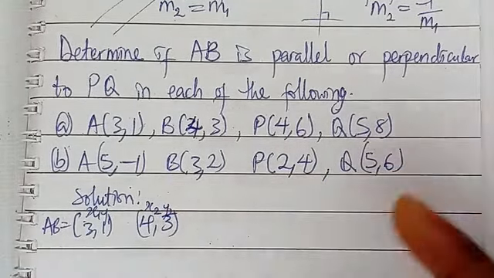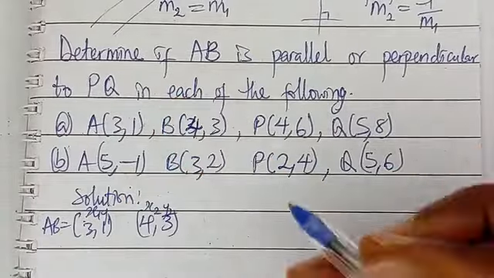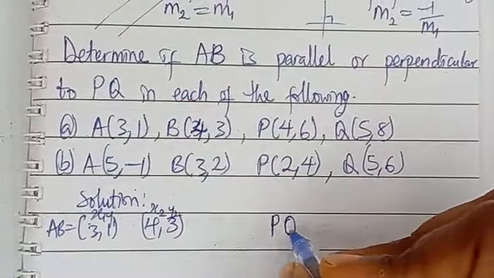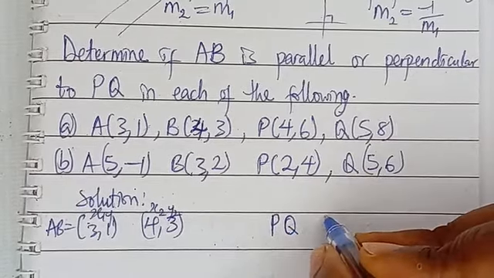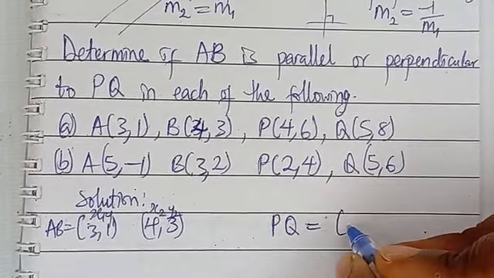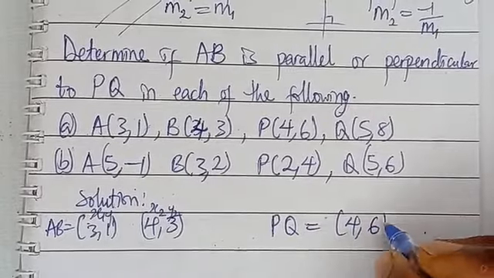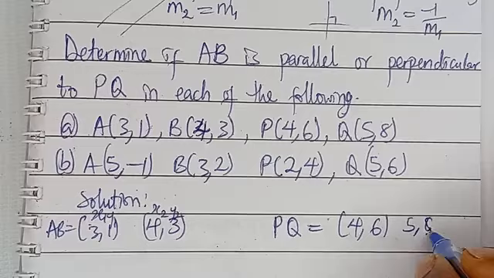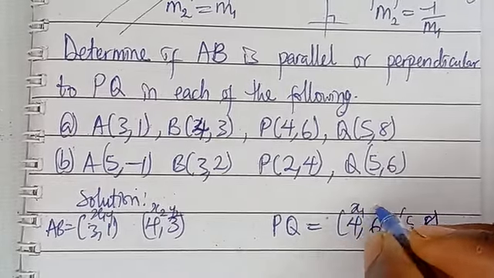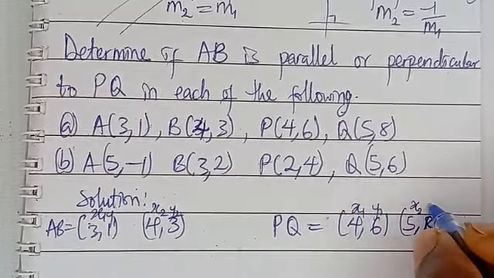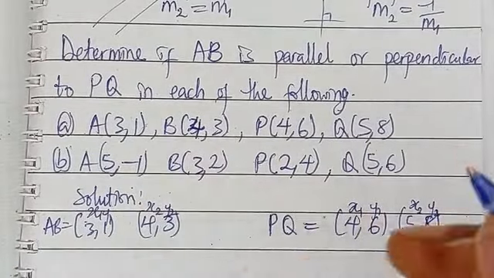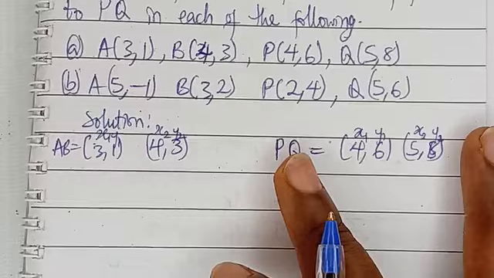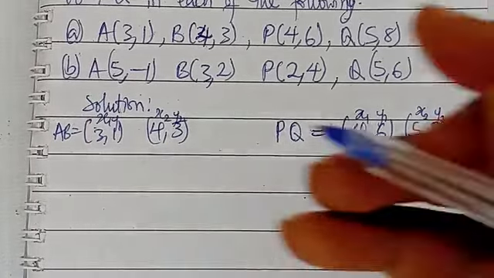Okay, it's now for us to find out what the gradient is. And for line PQ, let's just write out the coordinate points (4, 6) and (5, 8). So this is x1, y1, x2, y2. Now let's solve for the gradient of the first one.